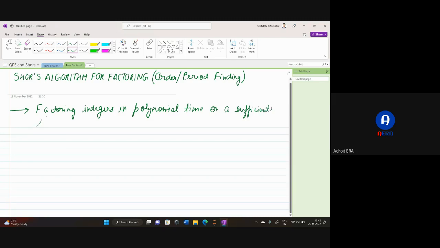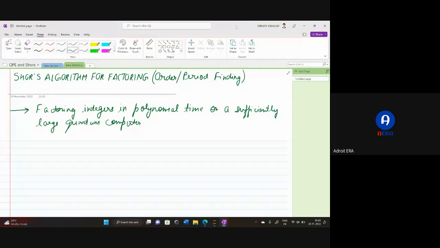Sufficiently large quantum computer basically means that this algorithm works for a fault tolerant quantum computer, not our NISQ era. Not the noisy ones, but this algorithm is appropriate for the fault tolerant quantum computer.